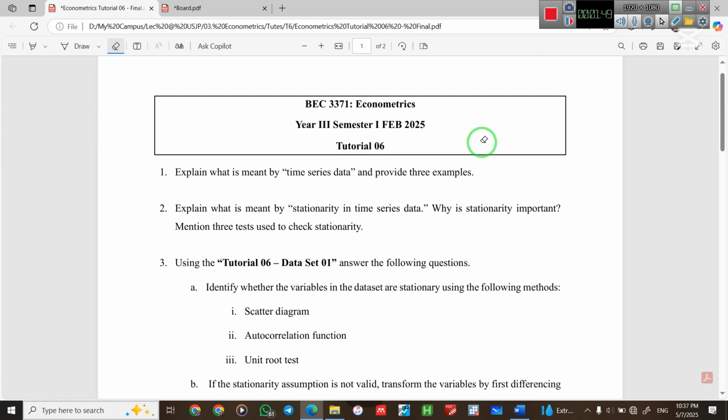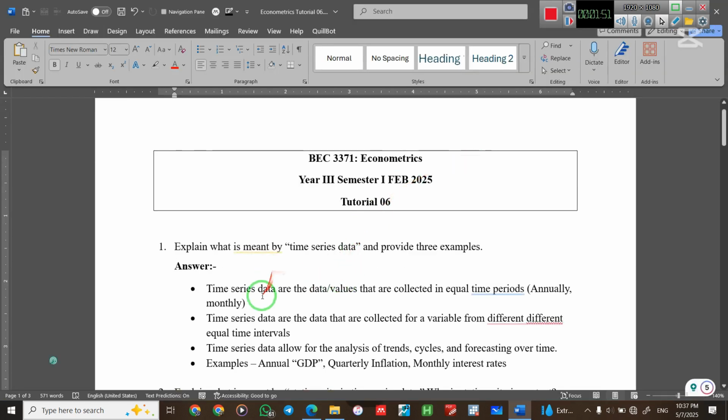If I go to the answer for the tutorial, you can see that time series data are the data or the values that are collected in equal time periods. There is another definition: time series data are the data collected for a variable over different equal time intervals.